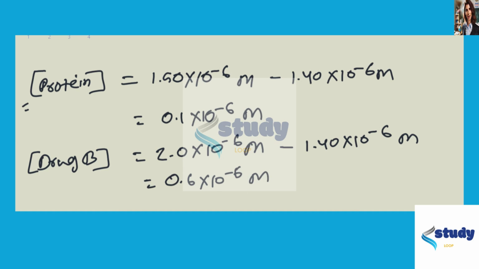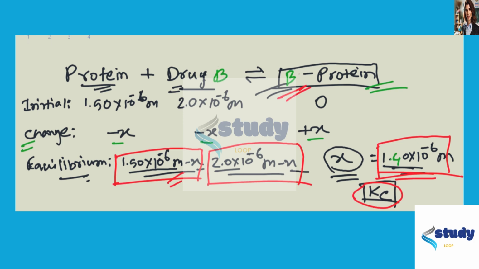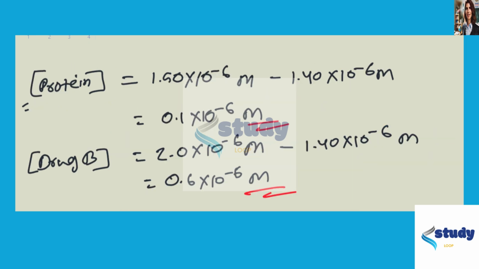So now this is the equilibrium concentration of drug B, this is the equilibrium concentration of protein, and this is the equilibrium concentration of the drug B protein complex. So now we know all the equilibrium concentrations, and we can easily find out the value of Kc for this reaction.